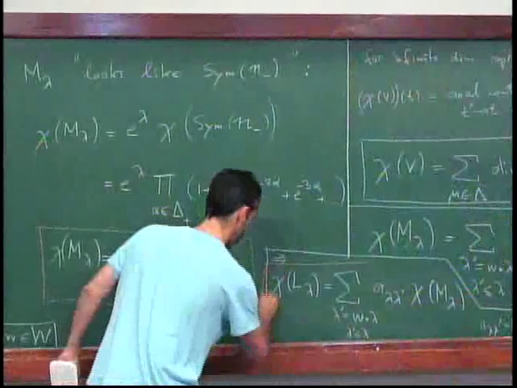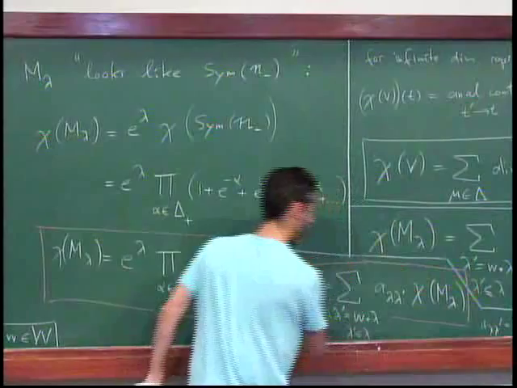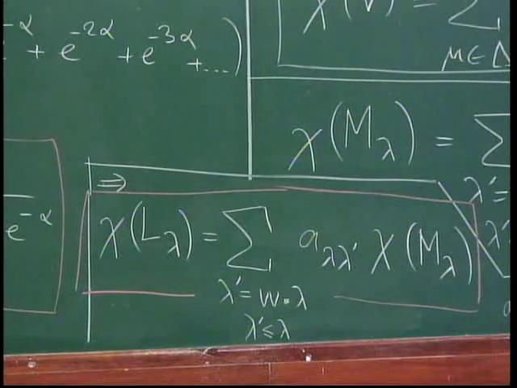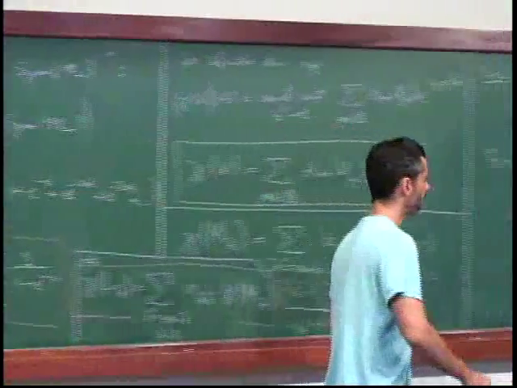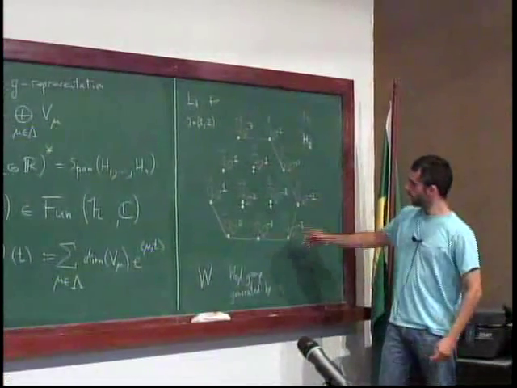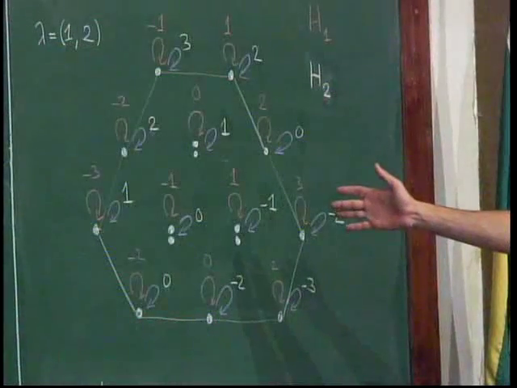I'm going to use that. And I'm also going to use the fact that the character of L lambda is invariant under the Weil group. The character is this way of encoding these dimensions here. And these dimensions are invariant under the Weil group.